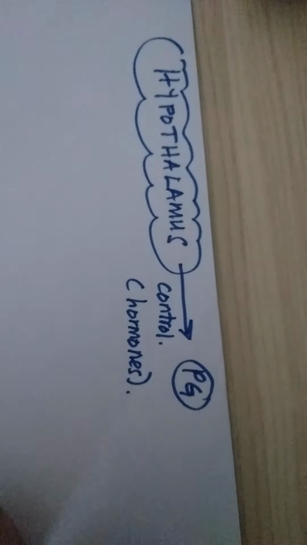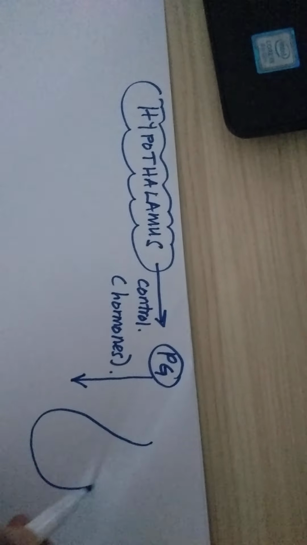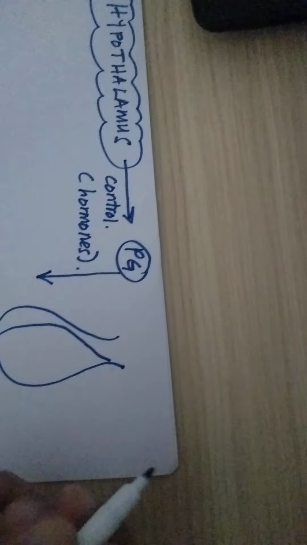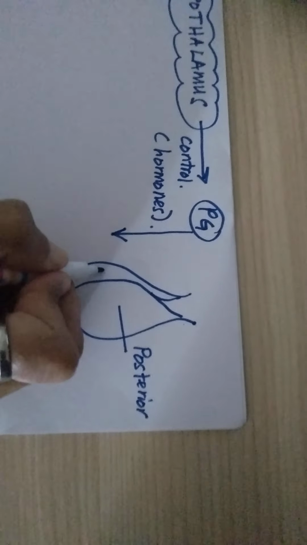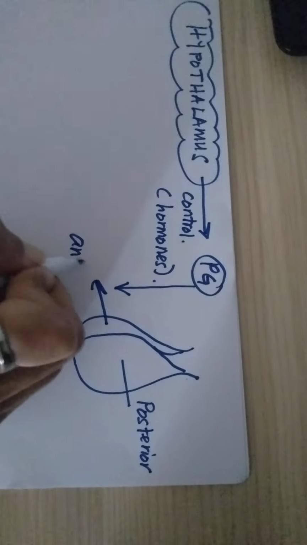Now your pituitary gland has got the posterior part and the anterior part. So here this will be your posterior and this is the anterior.